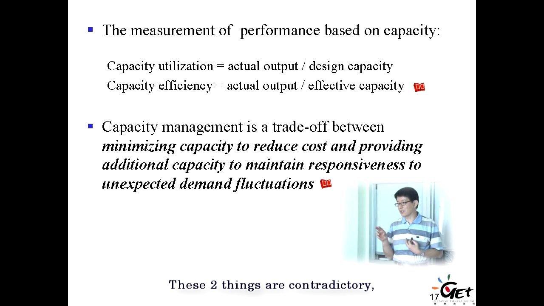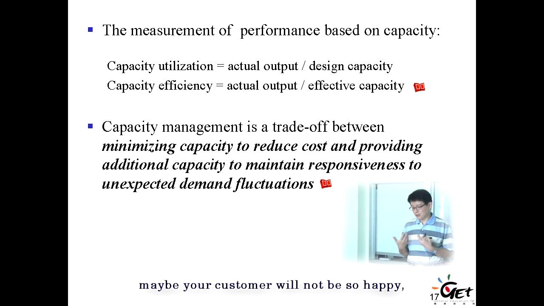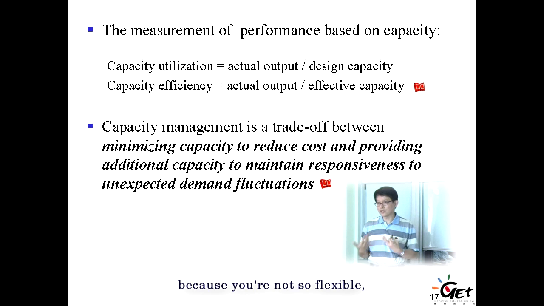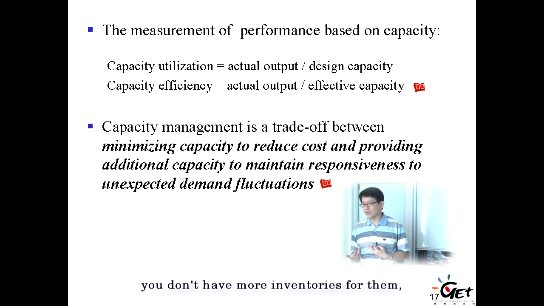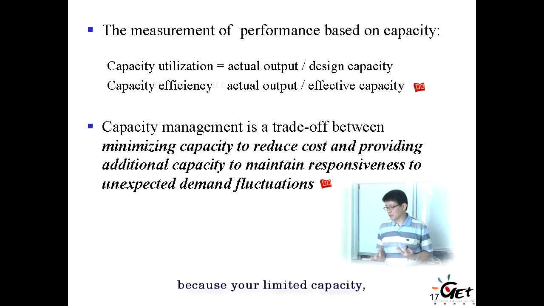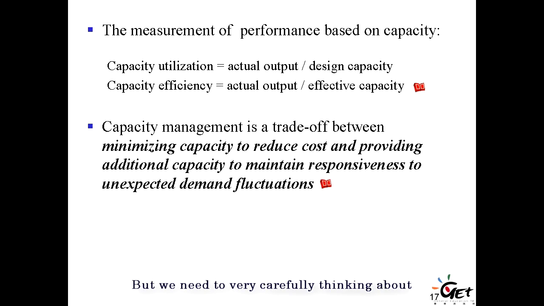So these two things are contradictory, right? Trade-off. If you have less capacity, maybe your customers will not be so happy because you are not so flexible. If they need more, you don't have more inventory for them because you have limited capacity, limited space, right?